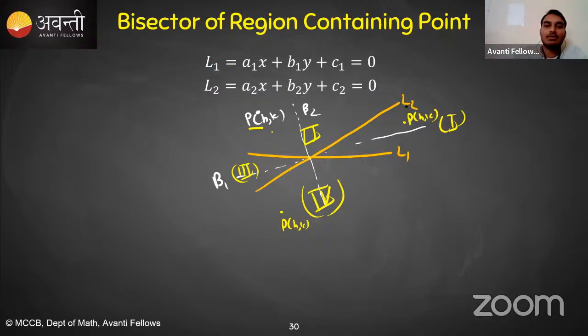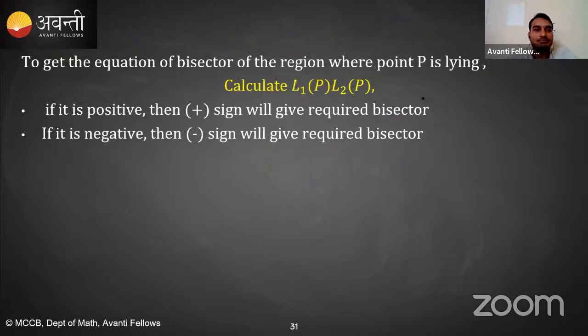It is very easy. Look, there is a simple formula. First calculate L1P into L2P. What is L1P into L2P? L1P means put the point P in line L1. L2P means put the point P in line L2.